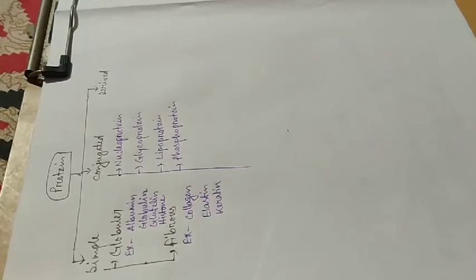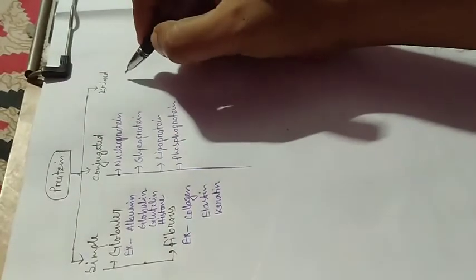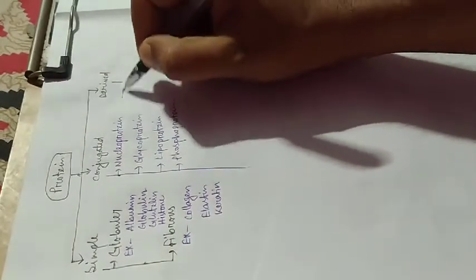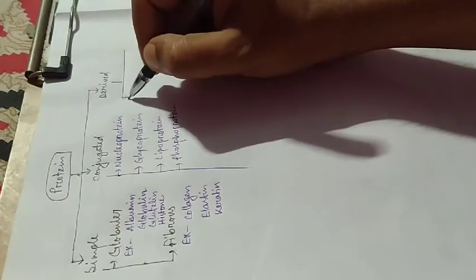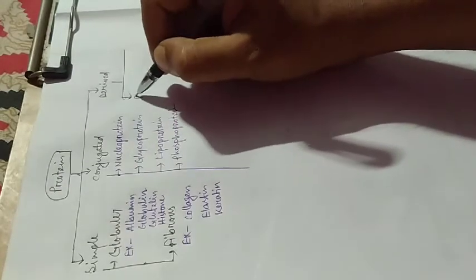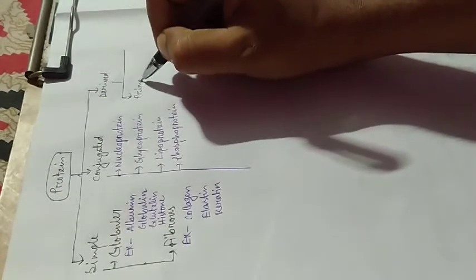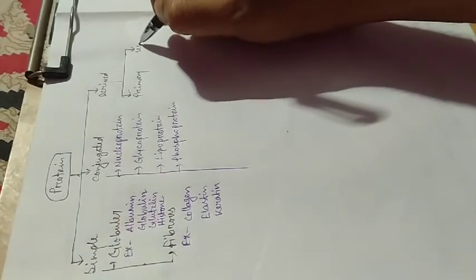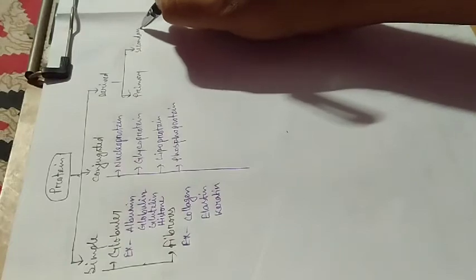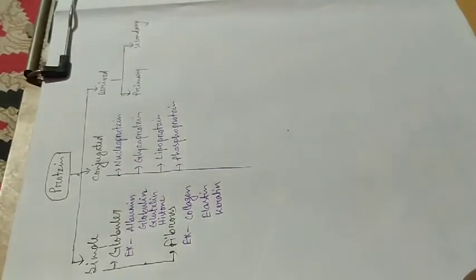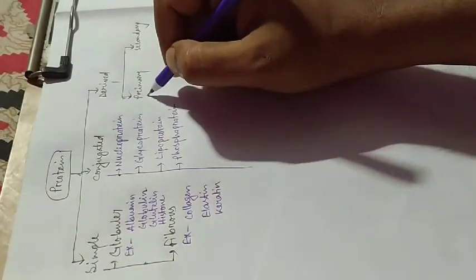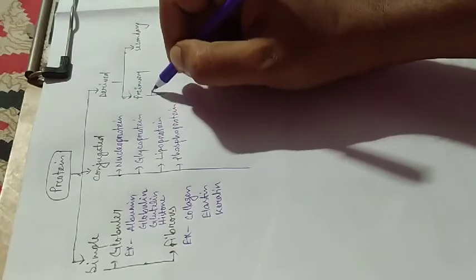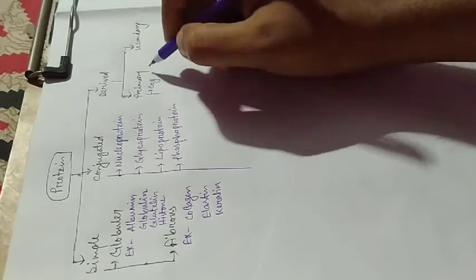We can classify the derived protein into two groups. The first one is primary derived protein, and another is secondary derived protein. Examples of primary derived protein are coagulated proteins.